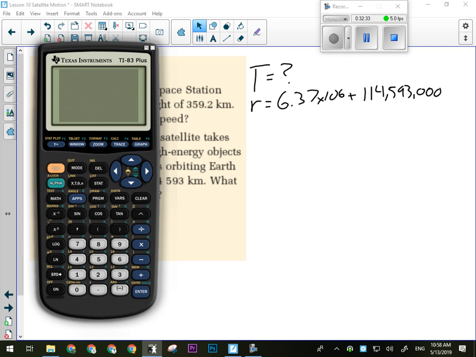So we'll calculate our true radius here. All right, so our true radius is 1.20963 times 10 to the 8. So, a nice big number.